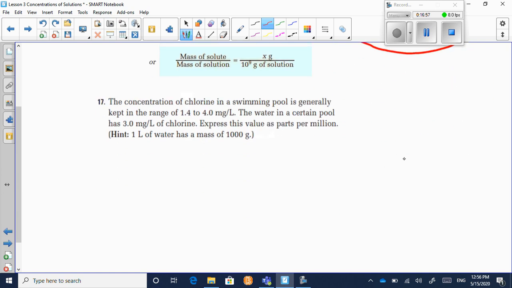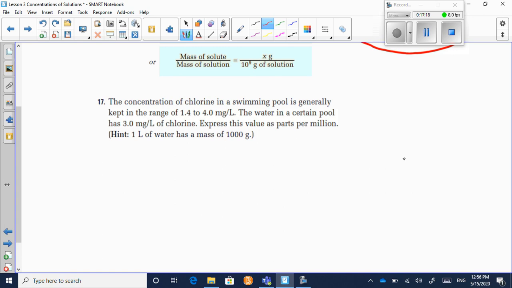So 17, it says the concentration of chlorine in a swimming pool is generally kept in the range of 1.4 to 4 milligrams per liter. The water in a certain pool has 3 milligrams per liter. Express the value as parts per million.